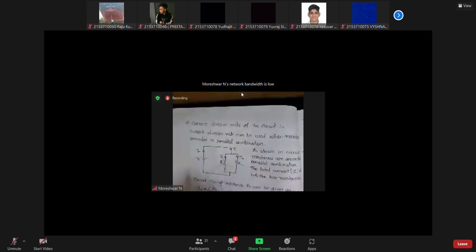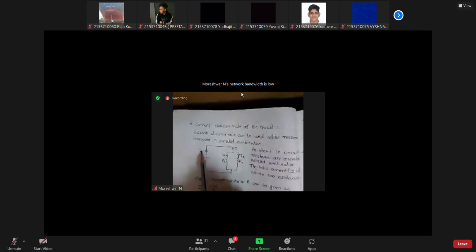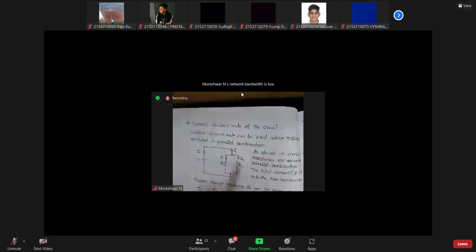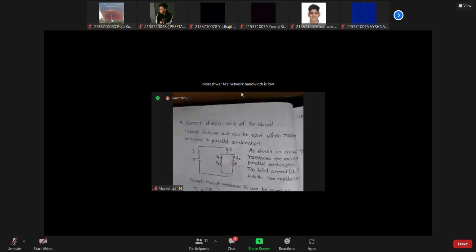Once you can calculate this total current, then you can apply current division rule if it is not mentioned. But in some of the numerical, this I1 value is already given. If it is given, then you can easily directly apply the current division rule. So this thing is important for this kind of numericals.